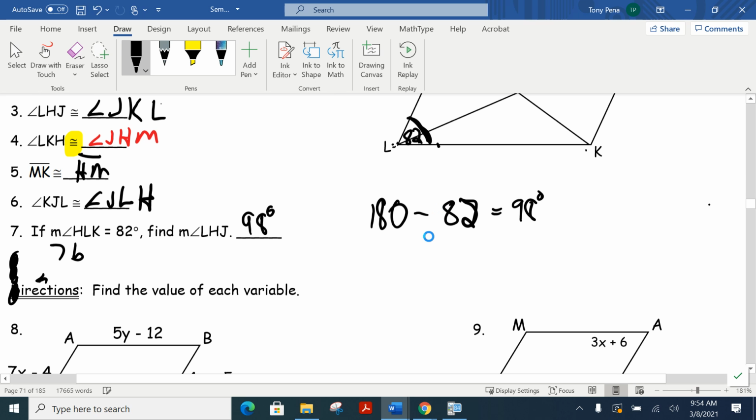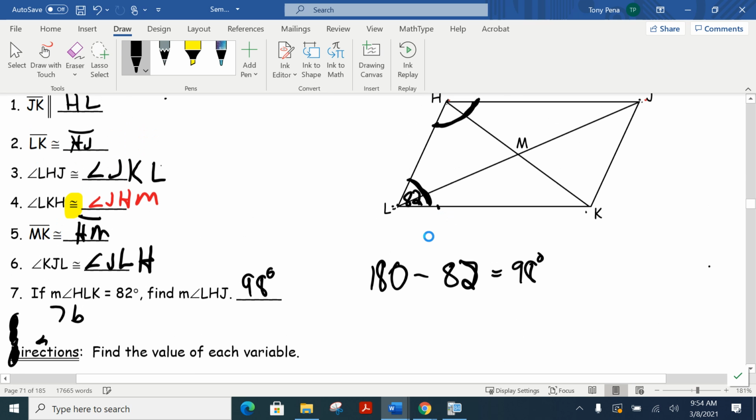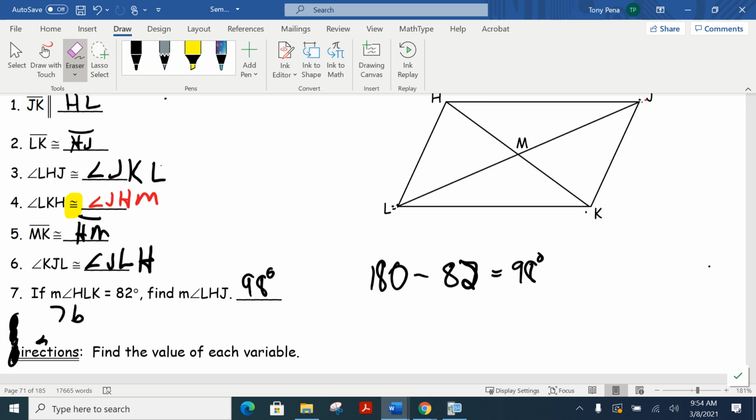And let me clear my picture. I'm going to give you a different angle, and I want you to tell me what degree measure it is. So let me clear this off. So 7B.